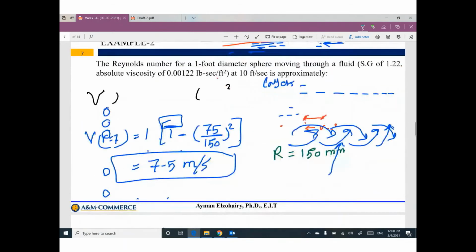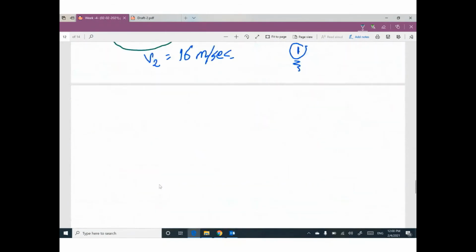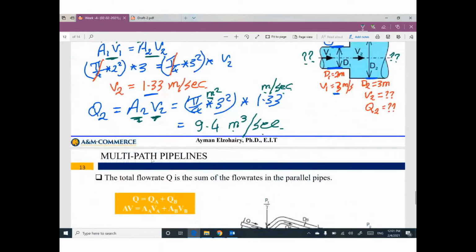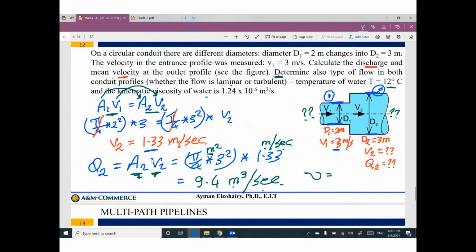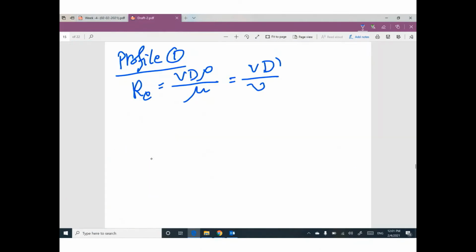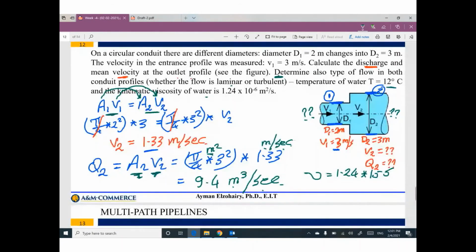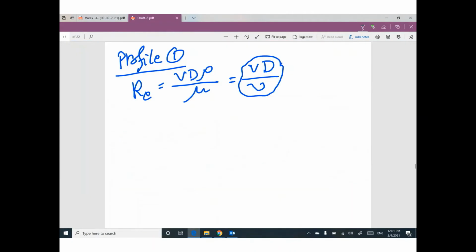So the value of nu, which is the kinematic viscosity of water, is given as 1.24 times 10 to the power negative 6. So I believe I will use this term. Just a reminder, for profile number 1, the diameter is 2, the velocity is 3.